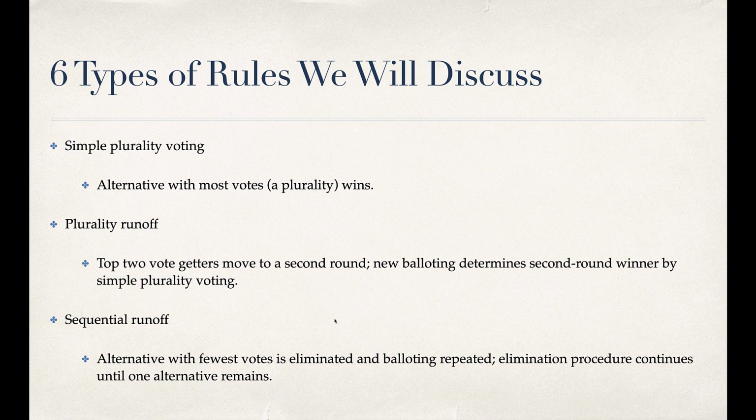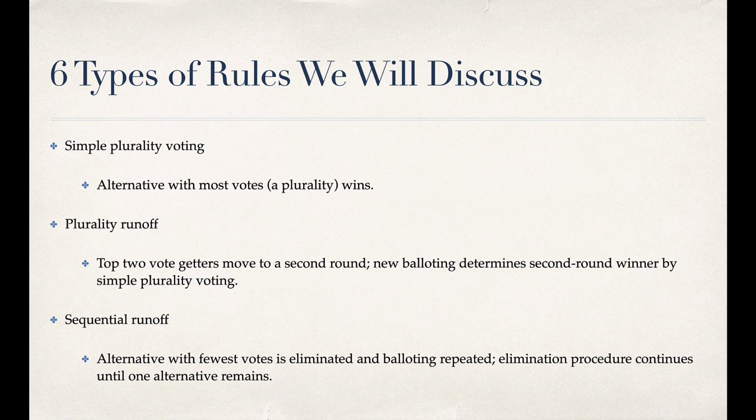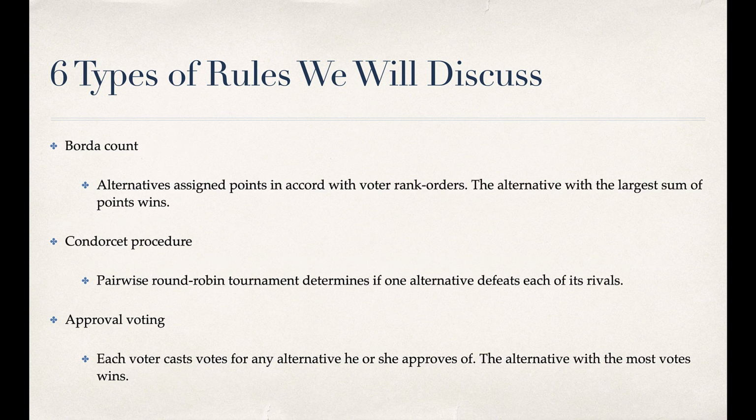It's actually majority rule at that point with only two alternatives, and then that is the group choice. So all of those are kind of related. They all at least start with a simple plurality vote. Plurality runoff has a second round, and then sequential runoff may have multiple rounds depending on how many alternatives we start with.